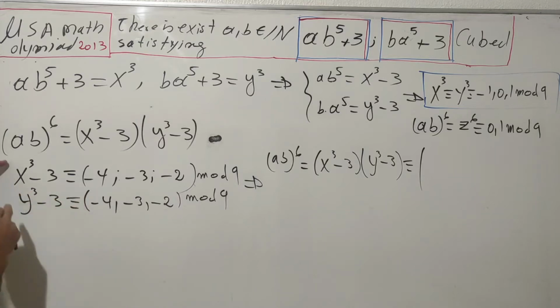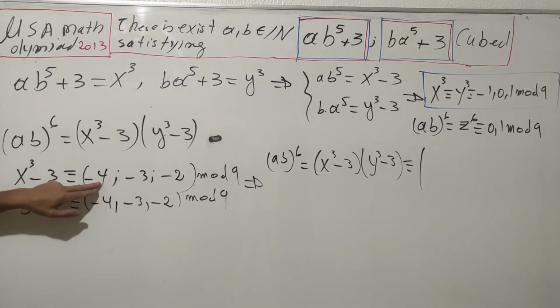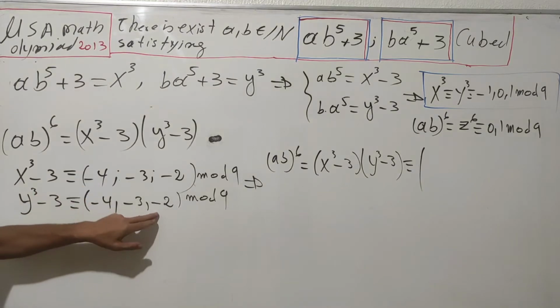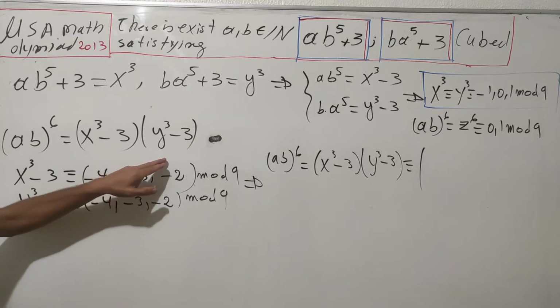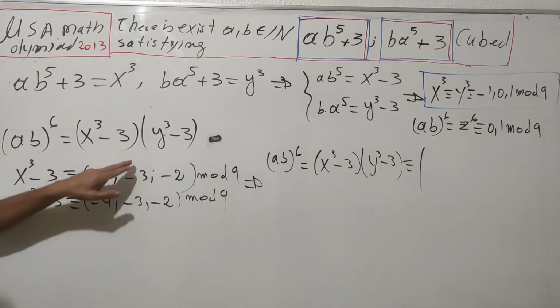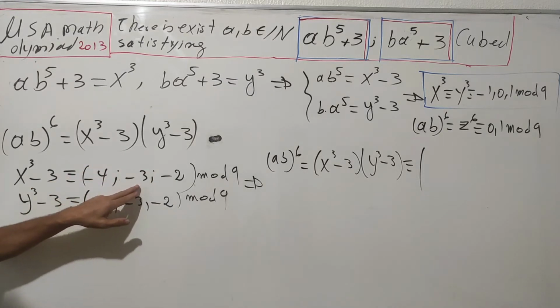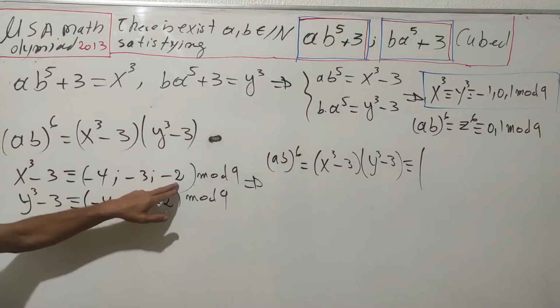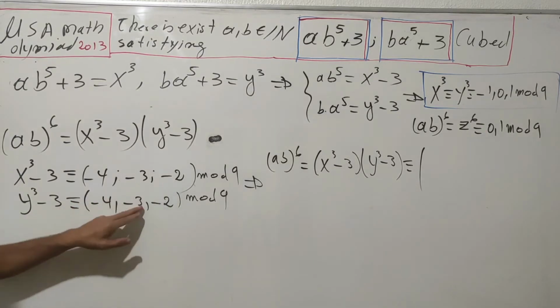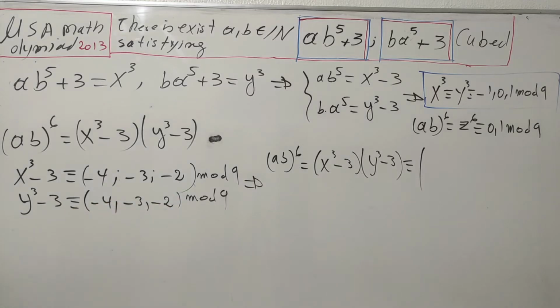When you multiply this one by this one, you will have this one multiplied by this one, or this one by this one, or this one by this one. This is 3 possibilities. The second 3 possibilities start with possibility number 4. So this one is multiplied by this one, or this one, or this one. Lastly, this one is multiplied by each of the three. So we'll have 9 cases.